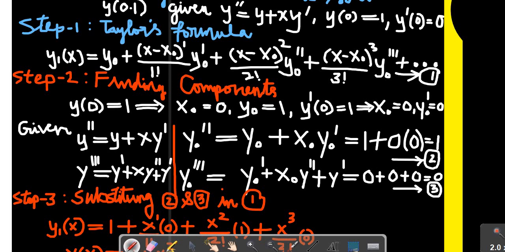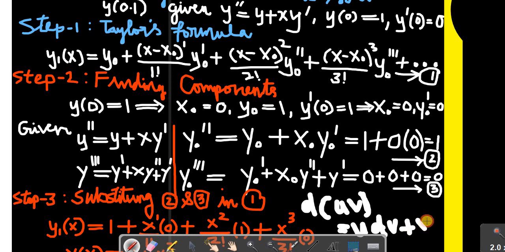That formula is d of uv equals u dv plus v du.